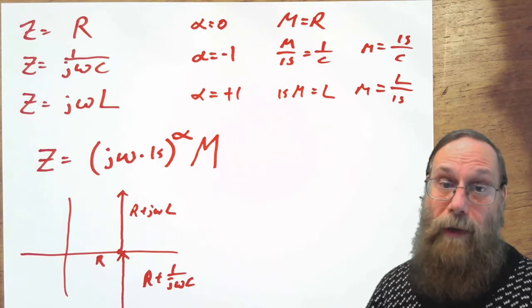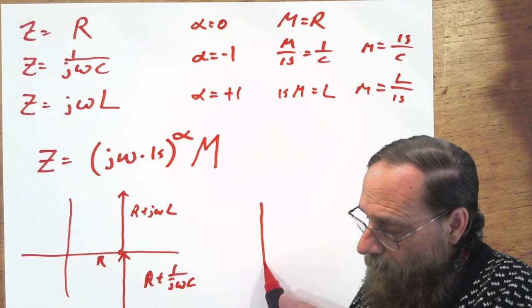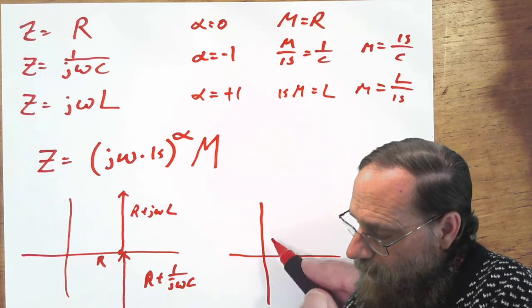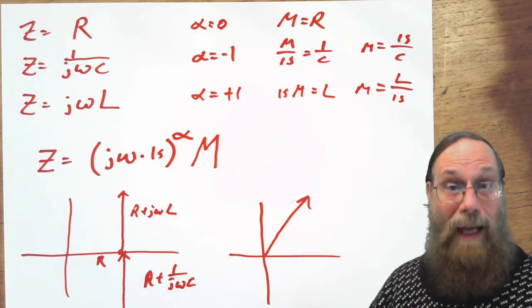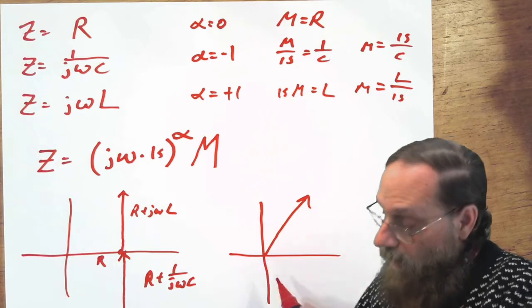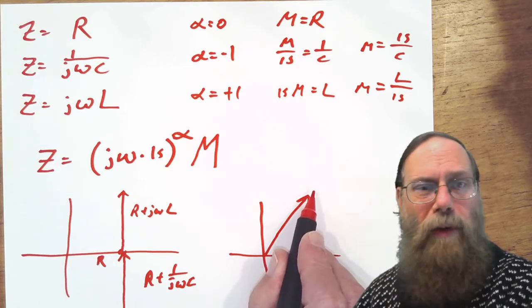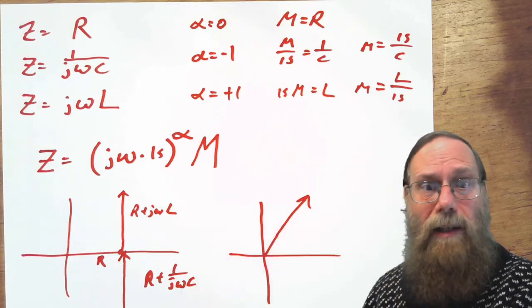Unfortunately, not all real devices behave this way. In particular, we have some that behave more like moving up at an angle, so that starting near zero, moving up not parallel to the imaginary axis, but at an angle here.